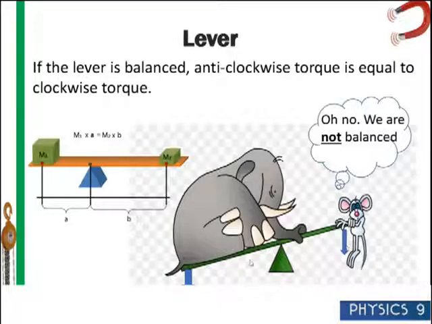Also, the distance of the point where the elephant exerts its force from the fulcrum is larger than the distance of the mouse from the fulcrum. As a result, the torque would not be balanced, because the force times the distance here is greater than the force times the distance here. So this is an example of a lever which is unbalanced.